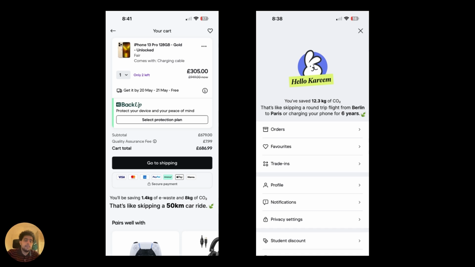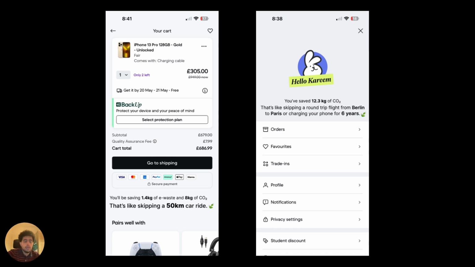And this makes the user feel good about their choice right away, and that buying refurbished isn't just smart, but also impactful. It makes it a little bit personal, and it's not just about buying a device, it's more than that, and it speaks for the mission of Back Market.